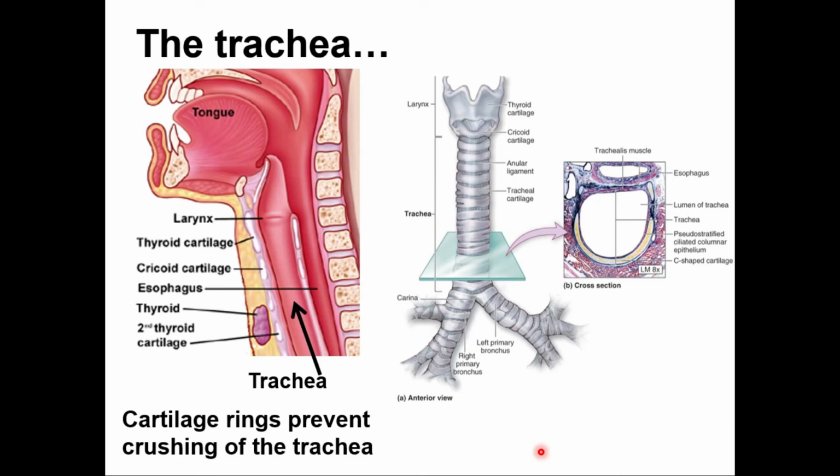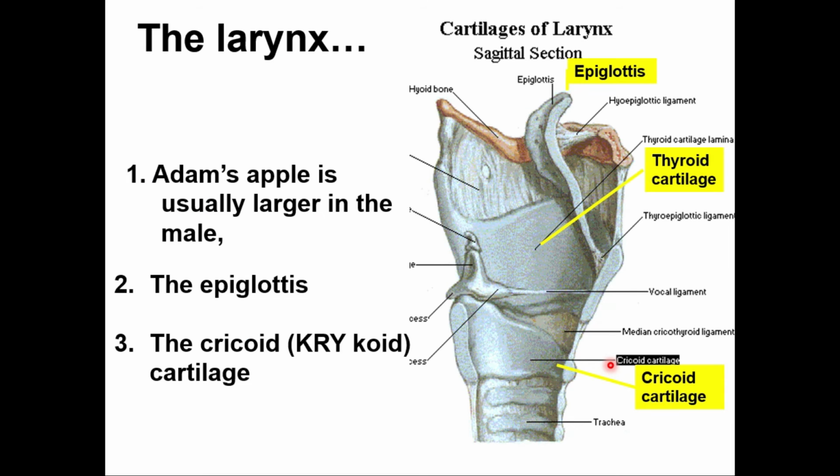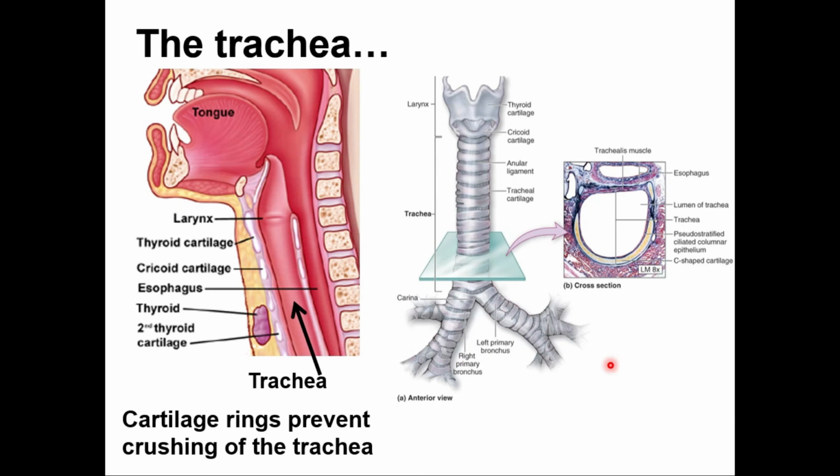The thyroid cartilage or Adam's apple is usually larger in males as compared to females, allowing longer vocal cords and contributing to a comparatively deeper male voice. Then comes the trachea. The trachea or windpipe is a smooth muscular tube leading from the larynx to the main bronchi.